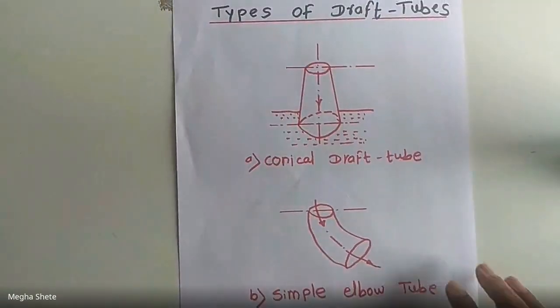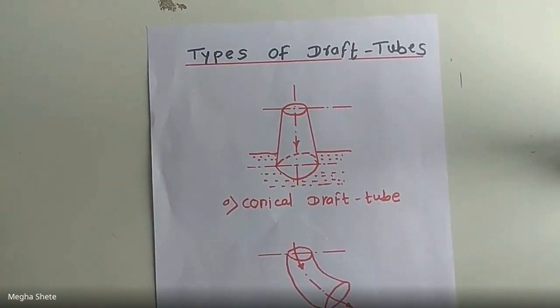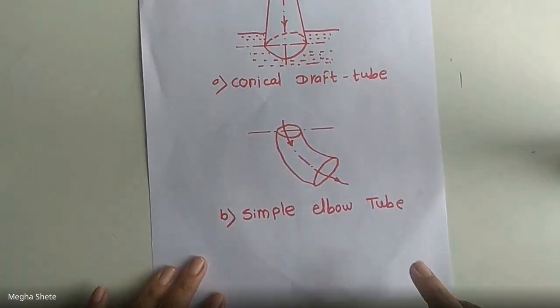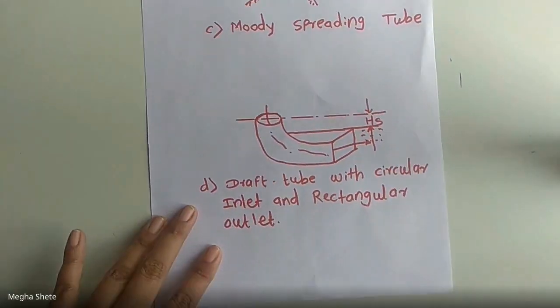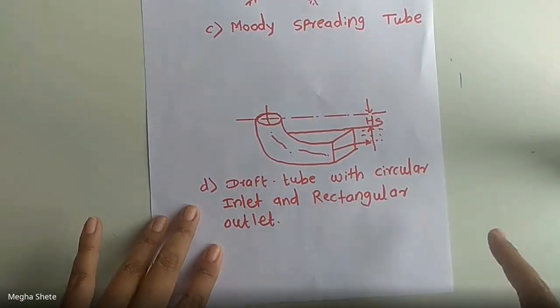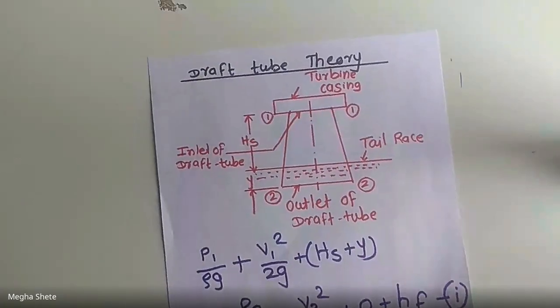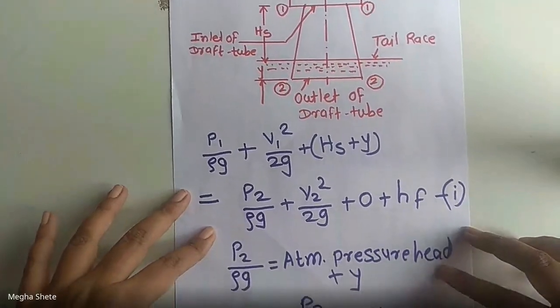To summarize the lecture, first we have seen the basics about the draft tube. Then we have seen types of draft tube, that is conical draft tube, simple elbow draft tube, Moody spreading draft tube, and draft tube with circular inlet and rectangular outlet. Then we have seen draft tube theory.